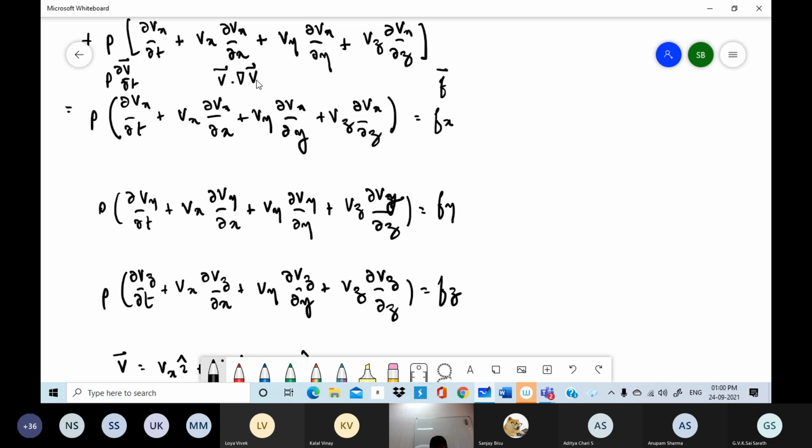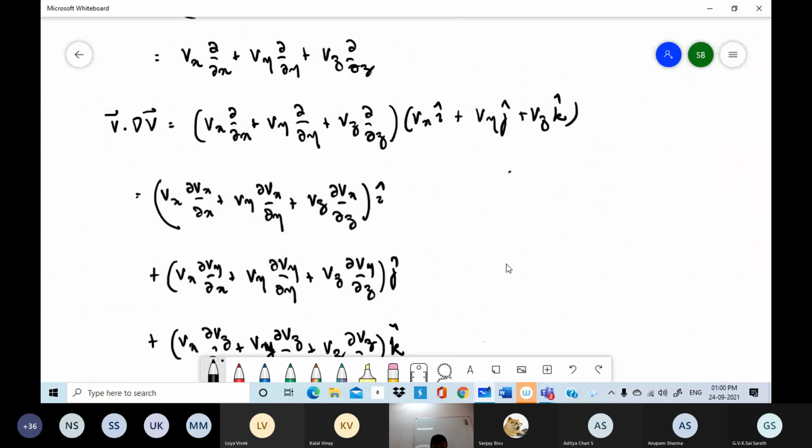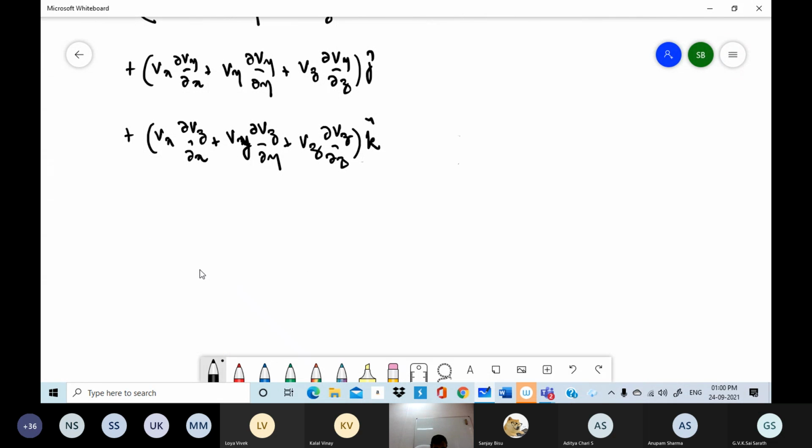So in the x component, this will be Vx. So that is what you have over here. In the y component, this will be Vy. That is what you have here. And in the z component, this is what you'll have. So this equation can be written in compact form as follows.